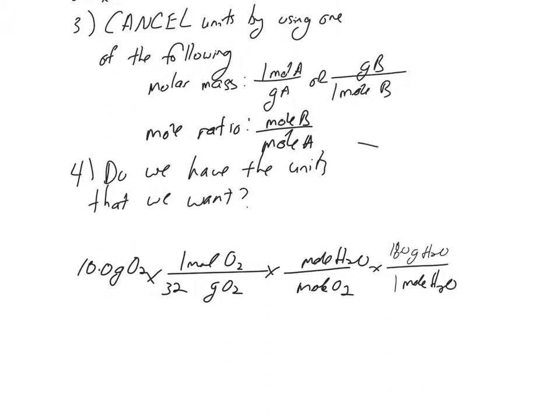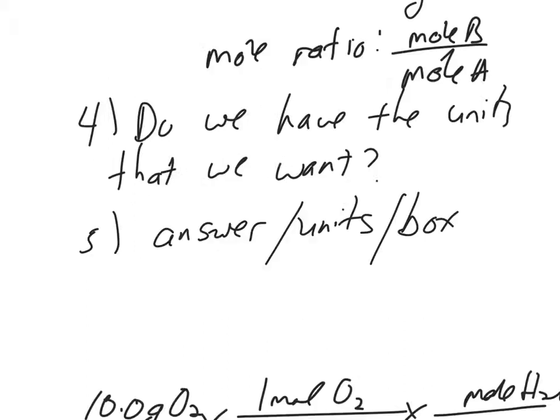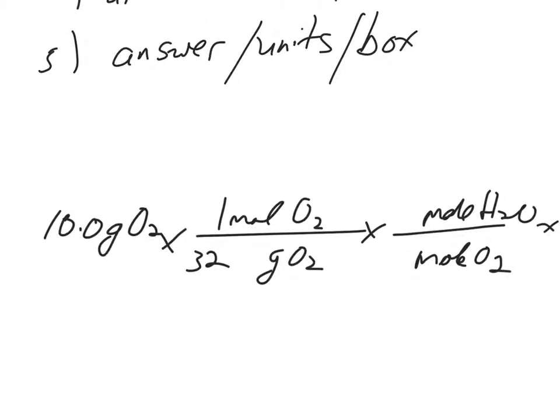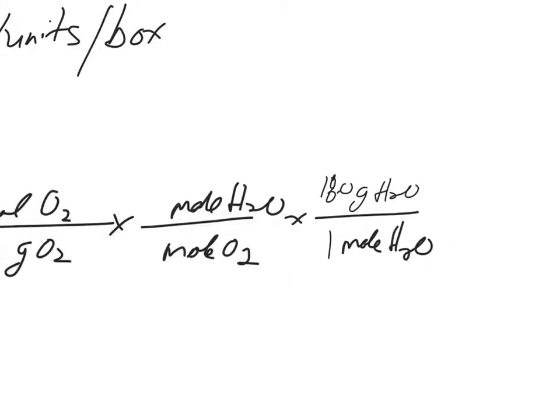And now we have everything to find the answer in grams of H2O, and now we're on to step 5, answer, units, and box. Going back down to our problem here, we can see that yes, indeed, we have canceled O2, we have canceled mole O2, we have canceled H2O, and we are left with the units that we want, which are grams of H2O.